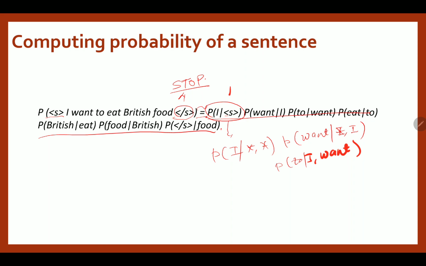So this is the bigram estimation, and this is under the trigram model, and so on. You continue to write like that. That is the way you are going to estimate the probability of any given sentence under these various models.